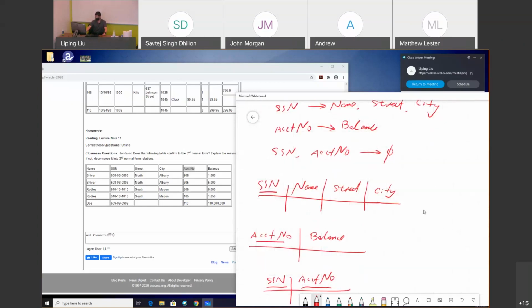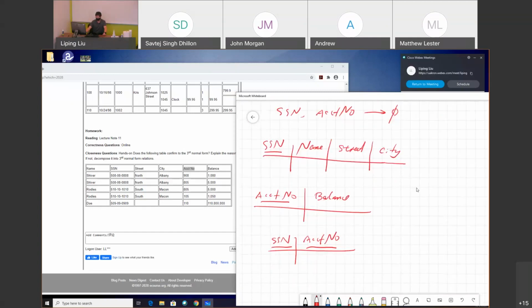Because the question asks here for third normal form violations, we should not stop. We have to check again. So I can tell you that this one is already third normal form because there are no non-key columns. And this one is also third normal form because it has only one non-key column, right? We talked about the shortcut, right?